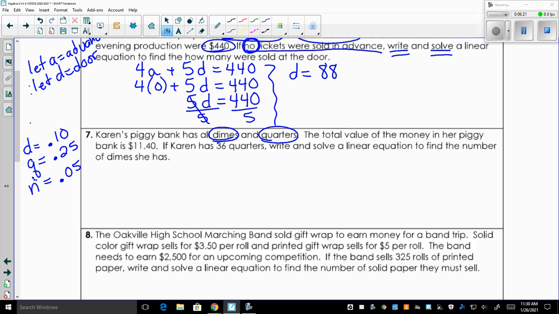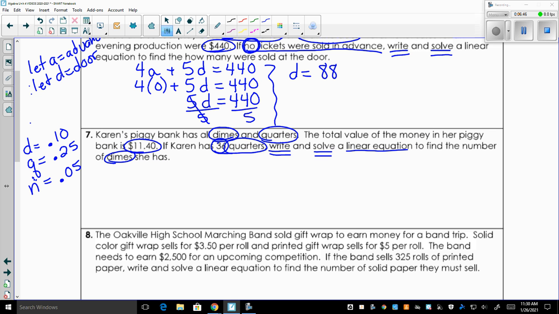The total value of the money in her piggy bank was $11.40. If Karen has 36 quarters, write and solve a linear equation to find the number of dimes she has. So our unknown is the number of dimes. We're looking for D. All right. Because we're comparing two things, dimes and quarters, it makes most sense to use the standard form equation here.